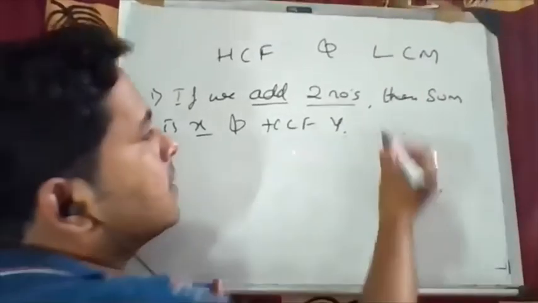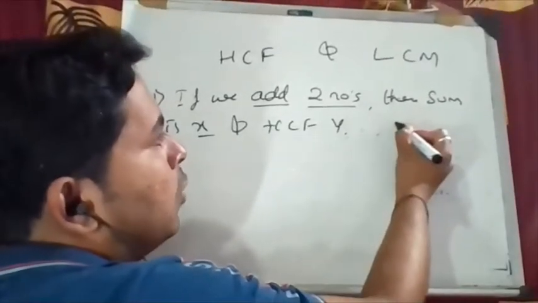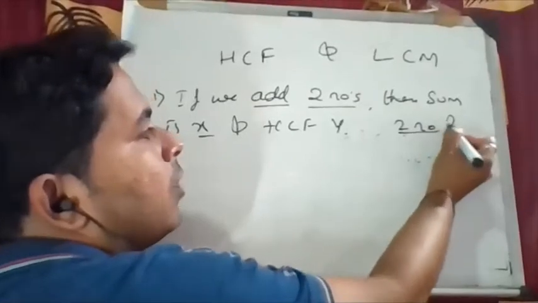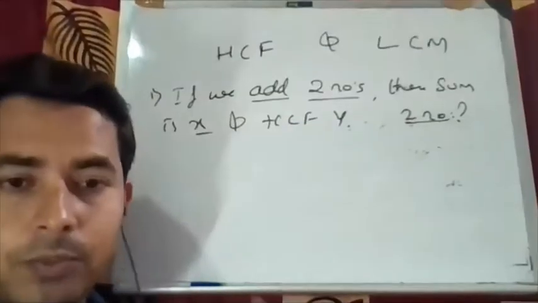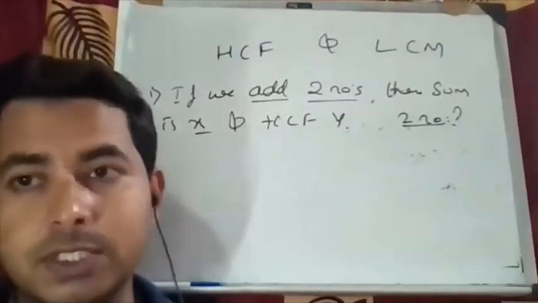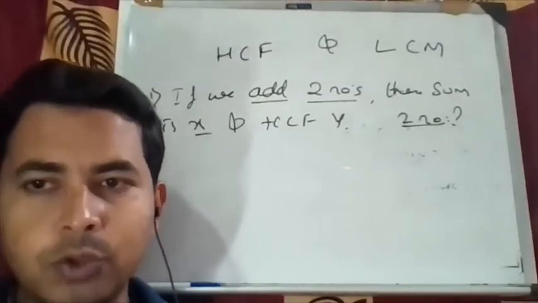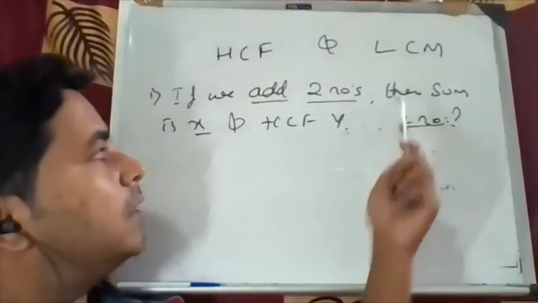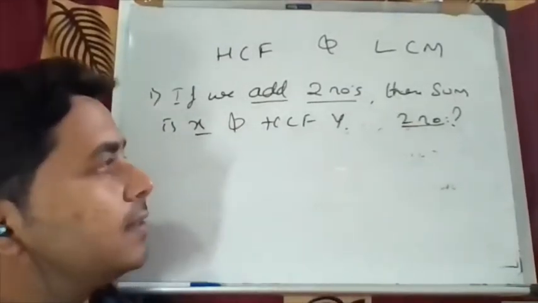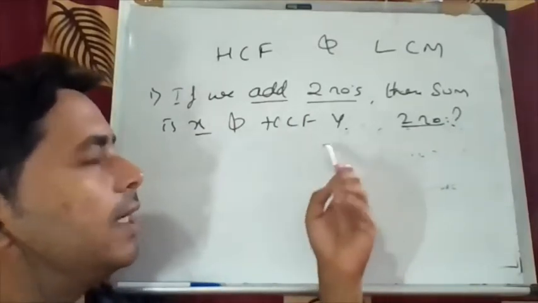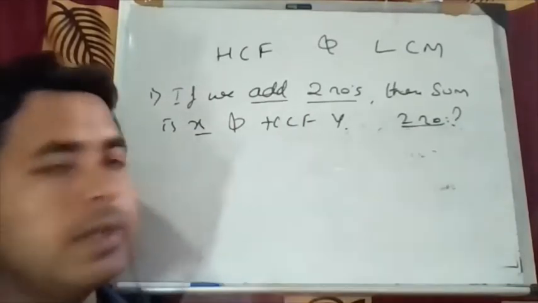Then they'll ask you to find out the two numbers. There are two numbers, if you add them the sum is x and the HCF is y, what will be the two numbers?